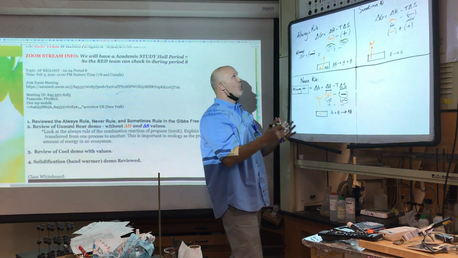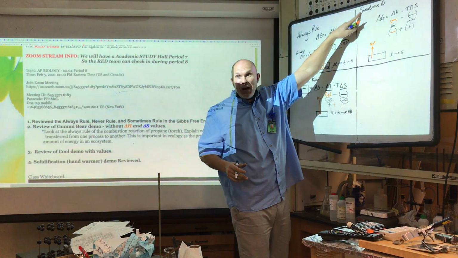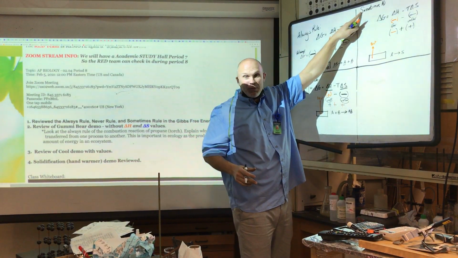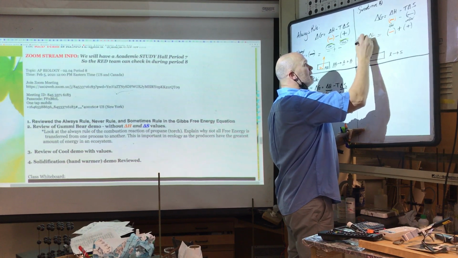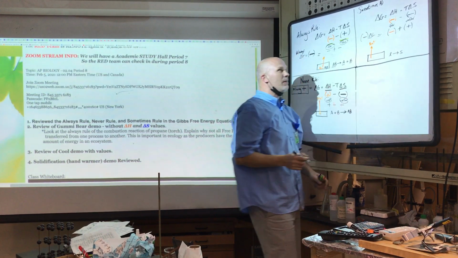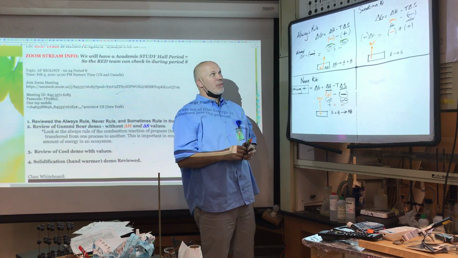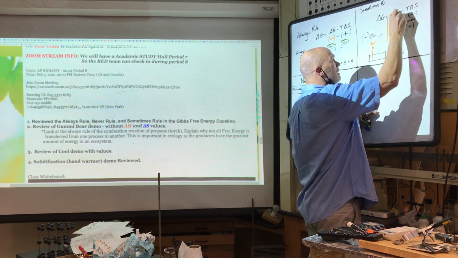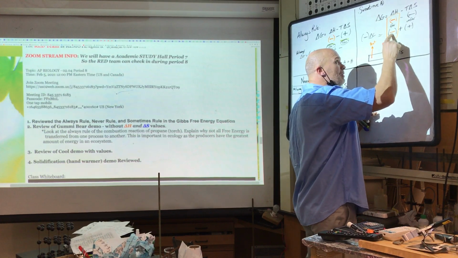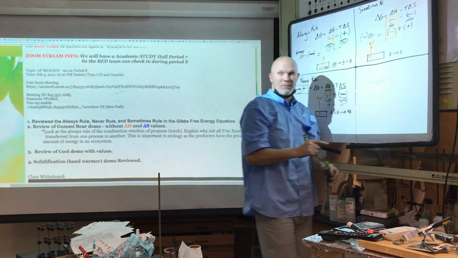Well, when is this sometimes going to be negative? Well, it becomes negative delta G, okay, only negative if the favorable one is bigger in value than the unfavorable one. Think about it.